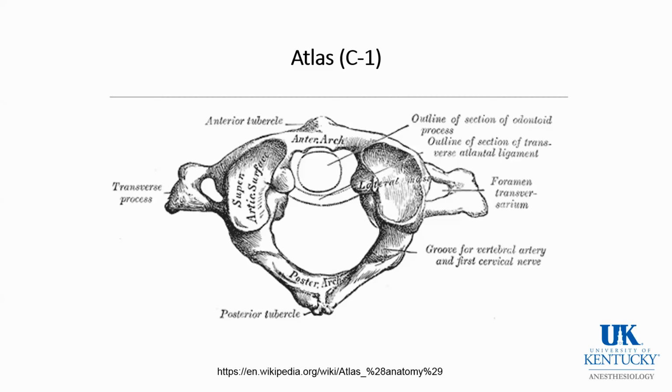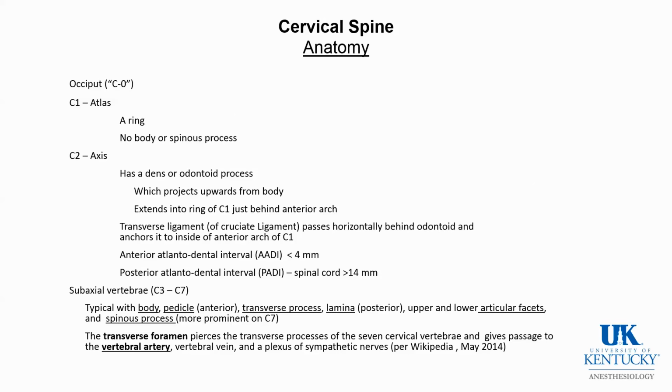The subaxial vertebrae from C3 to C7 are rather similar and include a body, an anterior pedicle, a transverse process, the posterior pedicle, which is actually the lamina, and upper and lower facets, and a spinous process.